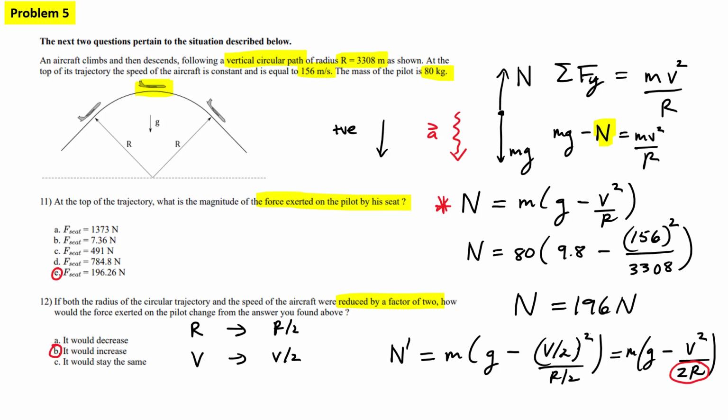You will find that the value of N prime is bigger than N, because I'm subtracting a smaller number from the weight of the pilot. So it would increase in that case. N prime is bigger than N. All right, be careful when you work through the algebra there and make those conclusions.